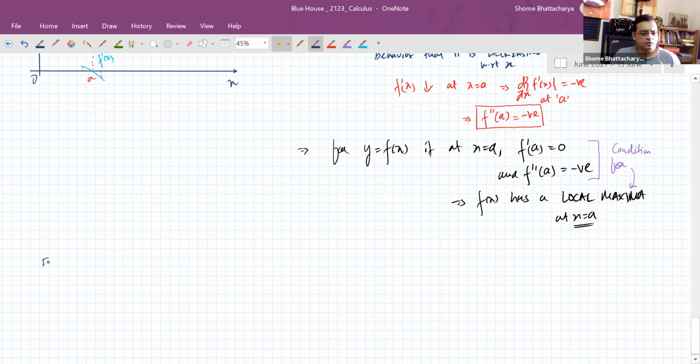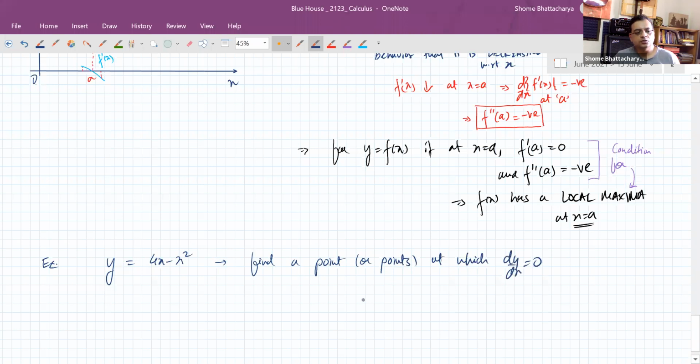So for example, suppose we have the function y is equal to 4x minus x square. Now we say: find a point or points at which dy by dx is equal to 0 and analyze from the second derivative if such a point has local maxima.